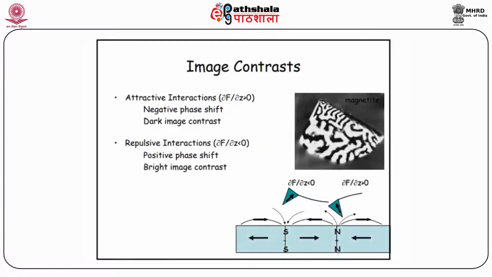Image contrast. For attractive interactions, we have negative phase shift, then dark image contrast, and similarly for repulsive interactions, again shown here, positive phase shift and bright image contrast.